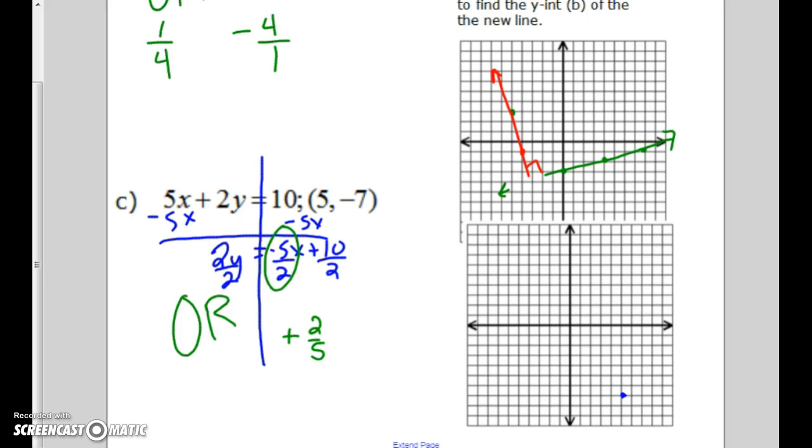And then from this point I can go up 2 and over 5. Or I can go down 2 and over 5. So my y-intercept is at 1, 2, 3, 4, 5, 6, 7, 8, 9. So y is equal to, my y-intercept is at a -9, and my slope needs to be 2 over 5x. So that's writing that equation.